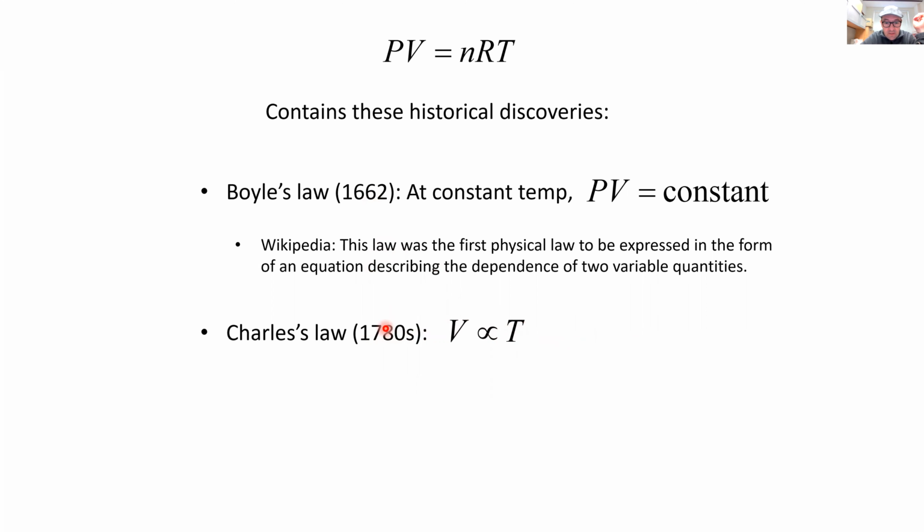So it was more than 100 years before this could really be established definitively, let's say. Not too long thereafter, here's Gay-Lussac's law, which is that the pressure is also proportional to the temperature. So basically, put these all together, and you get this with the N and the R, which has to be put in.